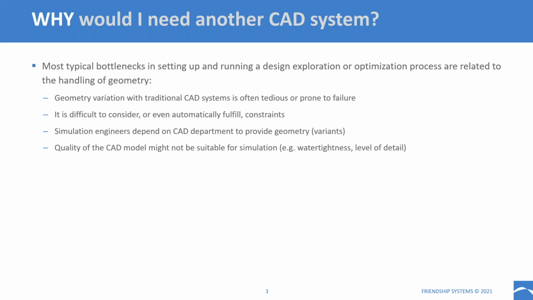And finally, the quality of the CAD model might not be suitable for simulation. So what comes out of the CAD system does not fulfill the requirements that you have in your simulation tool, or rather the meshing process that comes before the actual simulation. And of course, if we want to automate the process, we need to make sure that every geometry we generate is able to fulfill these requirements directly and automatically.